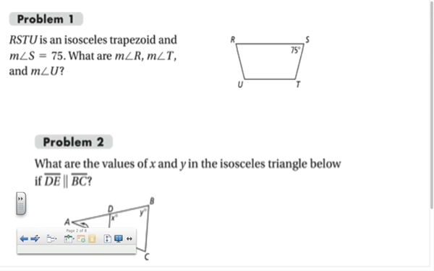Let's take a look at some examples. In problem 1, I have that angle S is 75. I'm asked for all the other angles. So pick an angle. Give me its measure. One person, please. Grace. Angle R is 75.